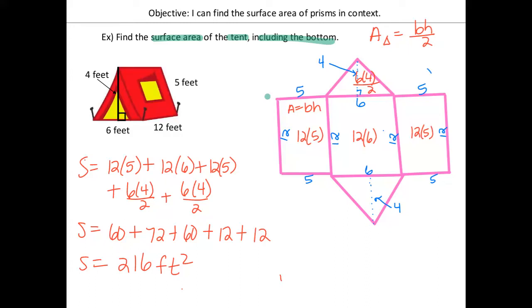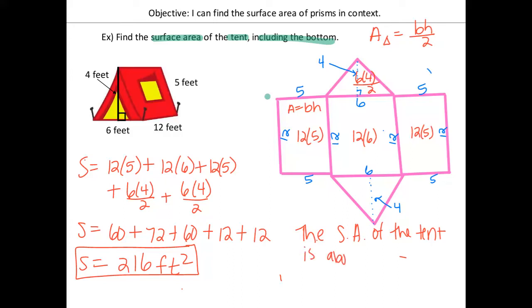And that's going to be my final answer. And then don't forget you have to write a little sentence. So the surface area, I'm just going to put SA. The surface area of the tent is about 216 square feet.